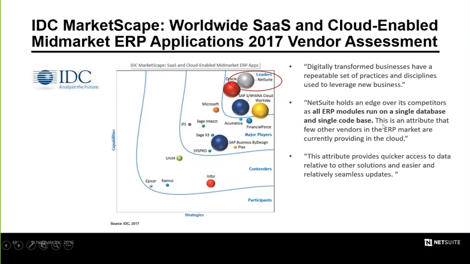And they also called out that having all of the data in a single code base and a single database provided quicker access to data relative to other solutions and easier to update as well. One other thing I'll mention is that this is for mid-market.